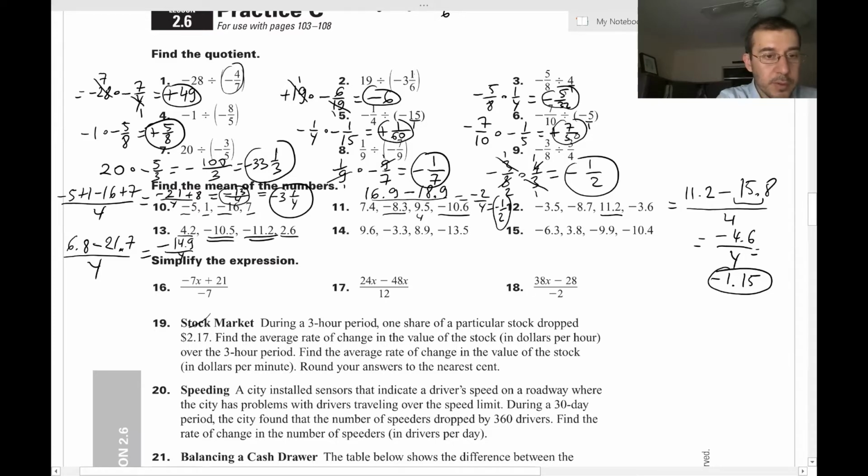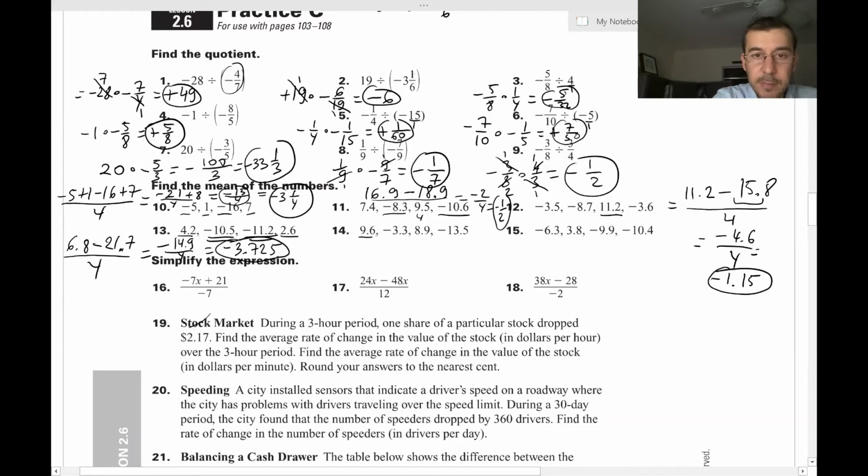So 14.9 divided by 4, that's 3.725, so minus 3.725. That's the mean for number 13.